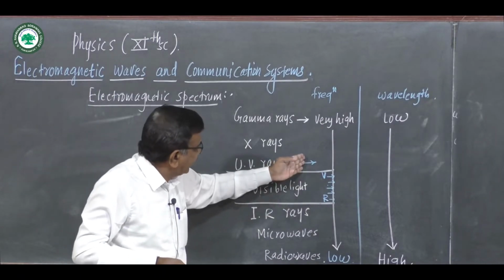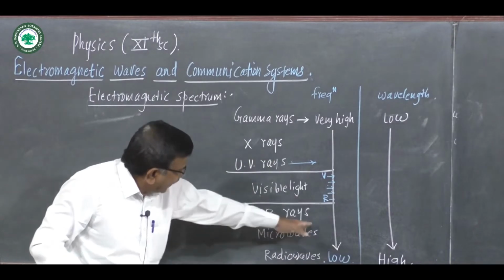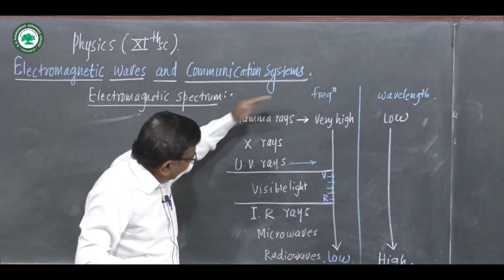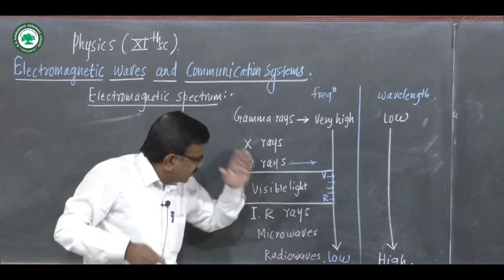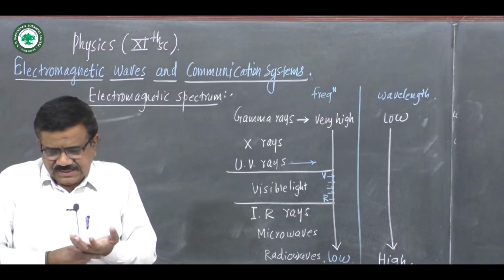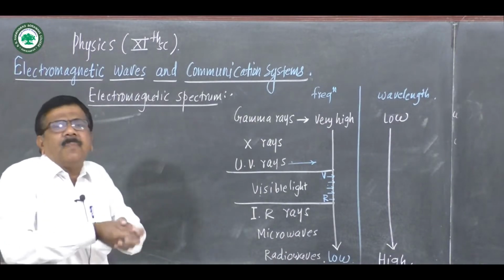Wavelength less than violet, ultraviolet. Wavelength greater than red is infrared rays. This part is only visible to us. This part is invisible. This part is also invisible. And depending on these groups, their properties are different.